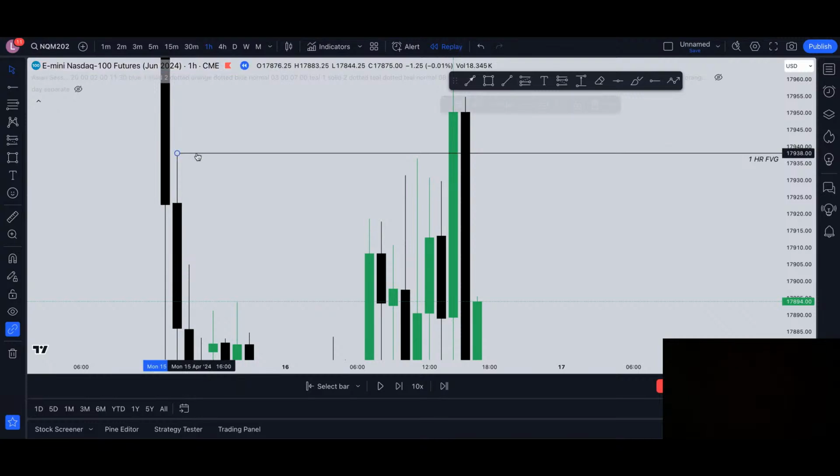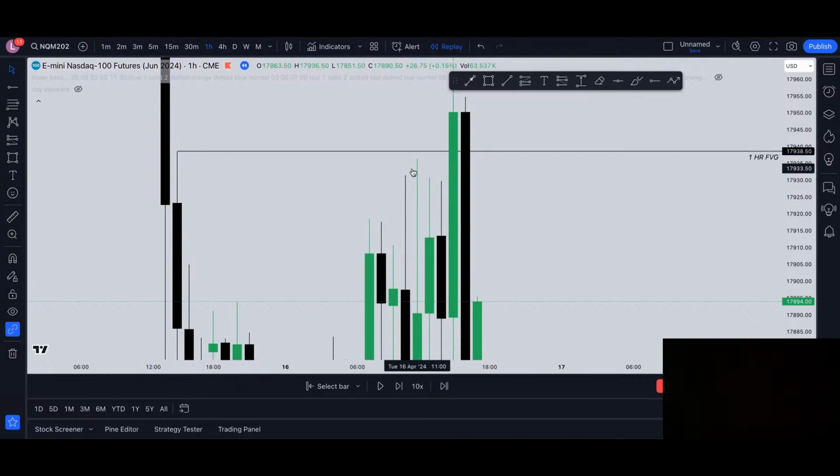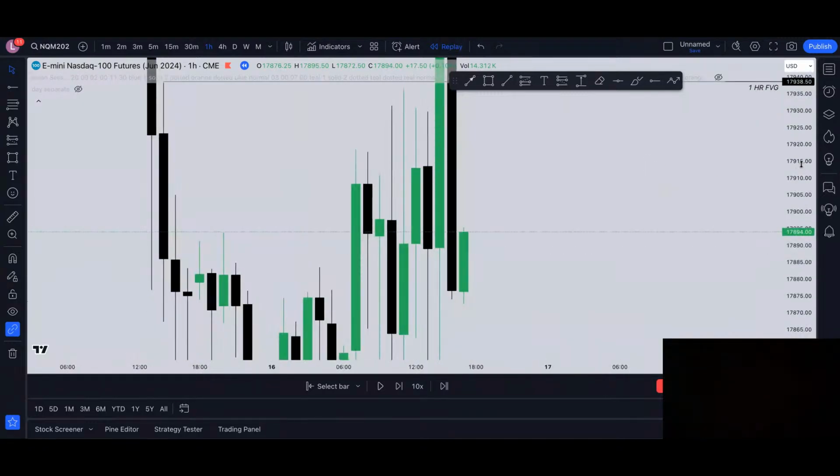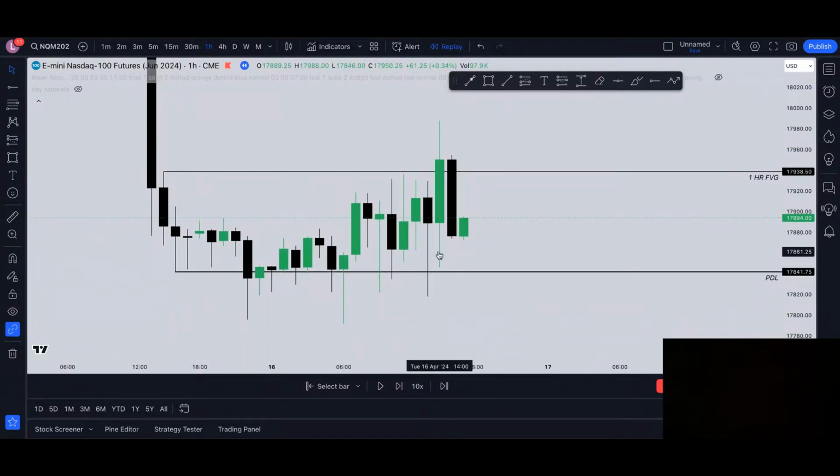See, again, price was unable to attack the imbalance, came back, and as ICT teaches, anytime there's a daily objective, an obvious liquidity pool such as this fair value gap, it is unable to be attacked in the AM session.